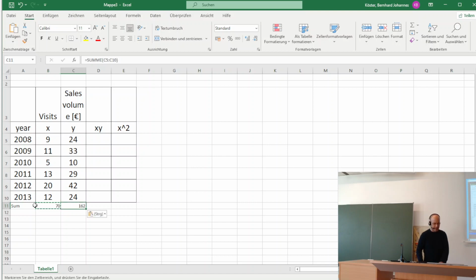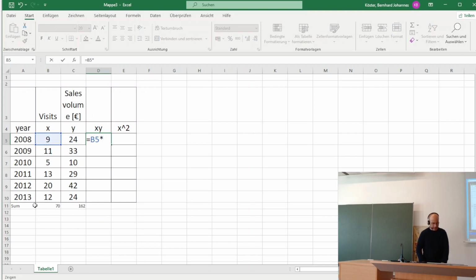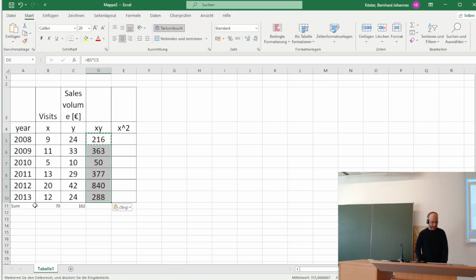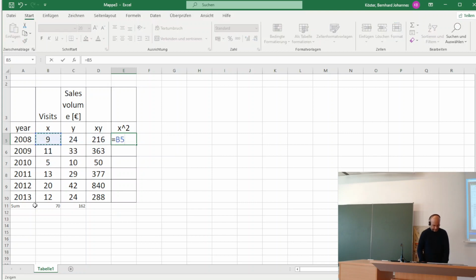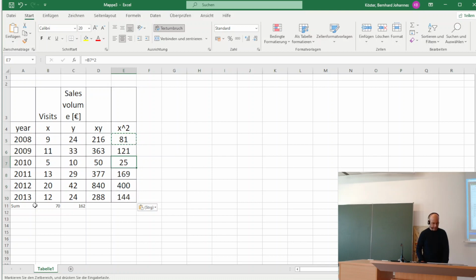This is 70, summing up all y's. Then we need 9 times 24, 11 times 33, and so on. This we can copy going downward. Then we need x times x, so 9 squared, 11 squared, and so on. Copying downward and taking always the sums.